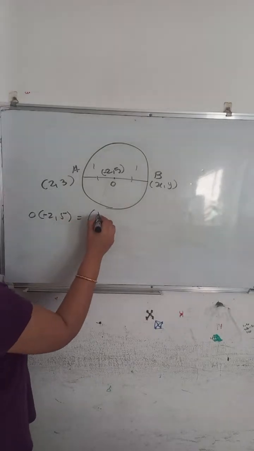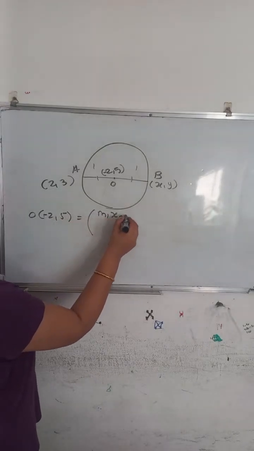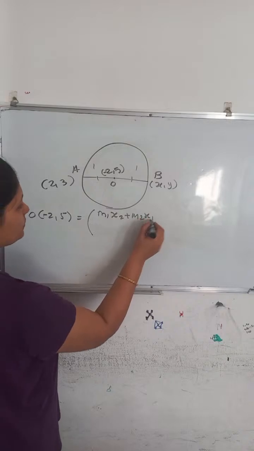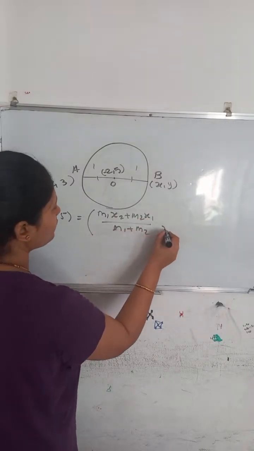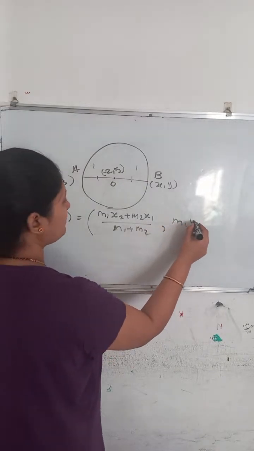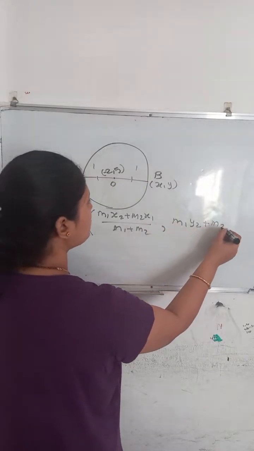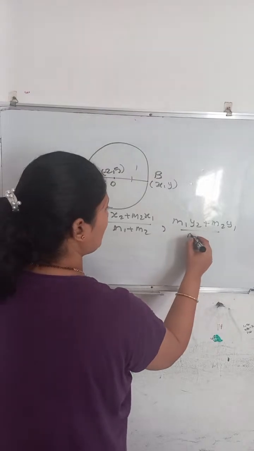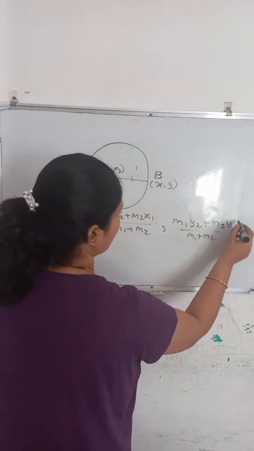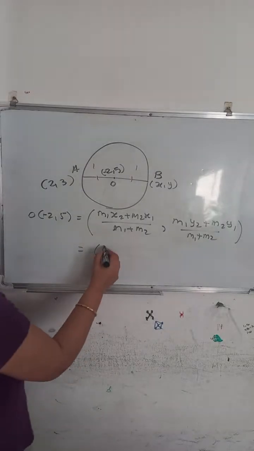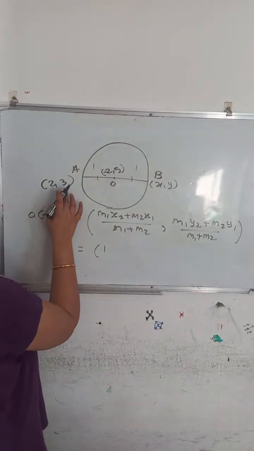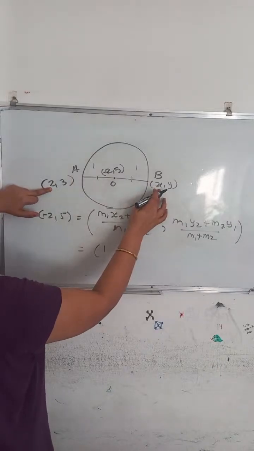Then this formula will come: m1 x2 plus m2 x1 divided by m1 plus m2, comma, m1 y2 plus m2 y1 divided by m1 plus m2. Here m1 is 1, and this is x1 and this is x2.